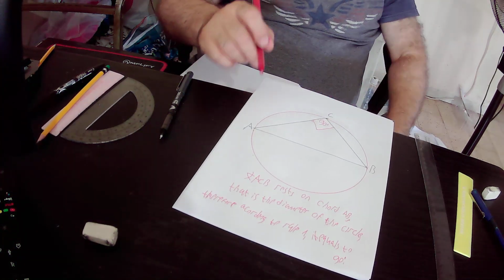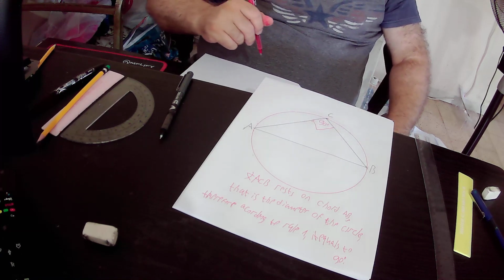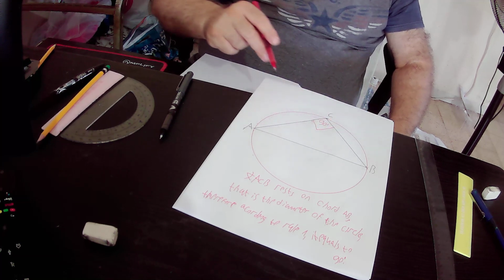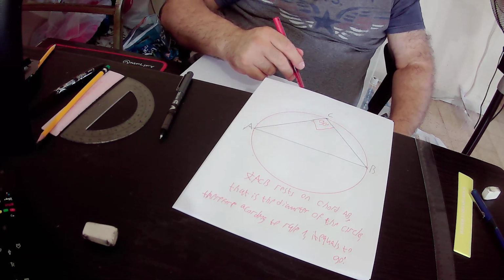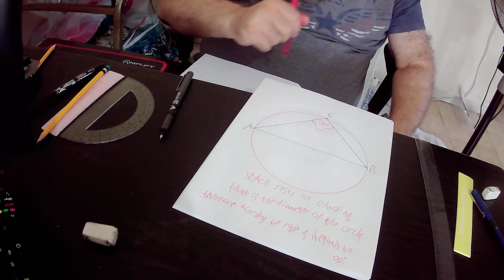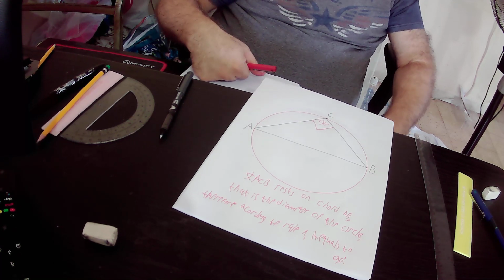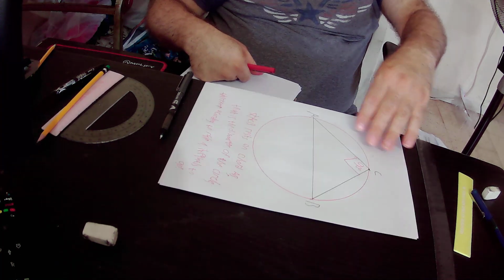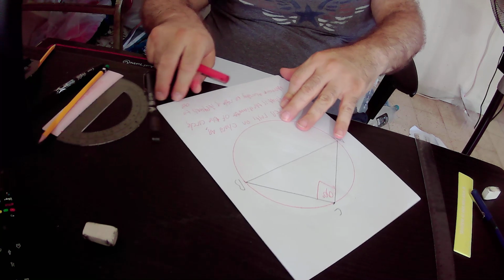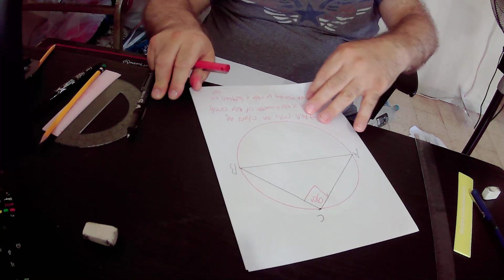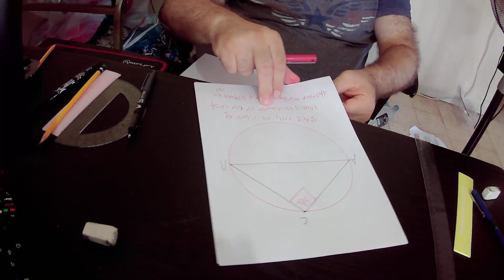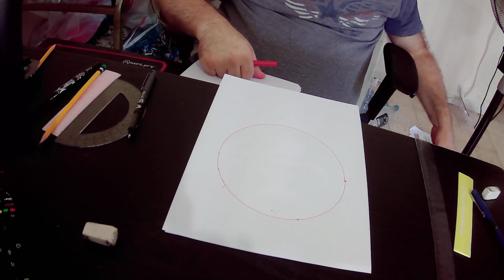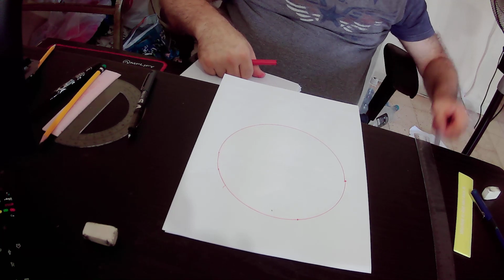Peripheral angle ACB rests on chord AB, and chord AB is the diameter of this circle. Therefore, according to rule number 1, it equals 90 degrees. Okay? So we can use rule number 1, or we can implement rule number 1, in our circle.